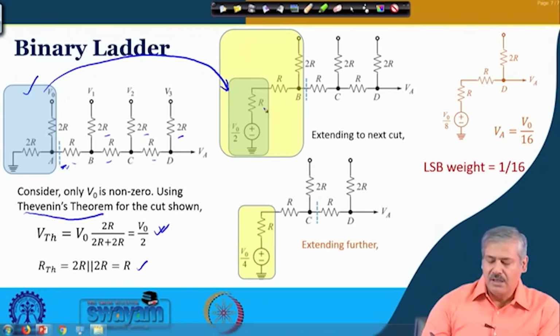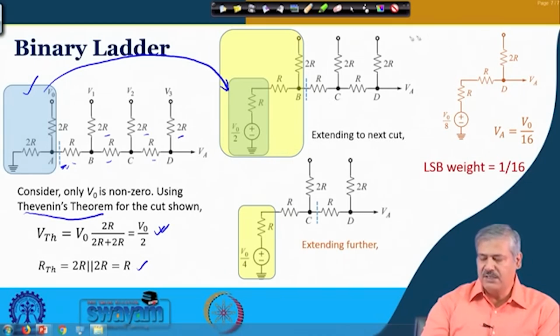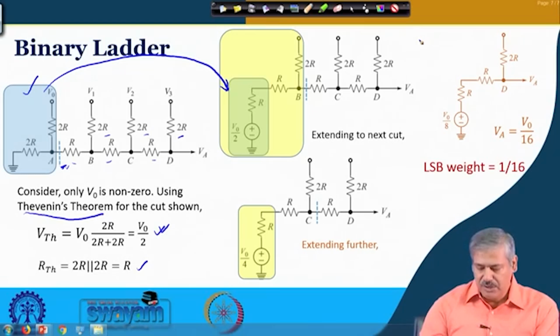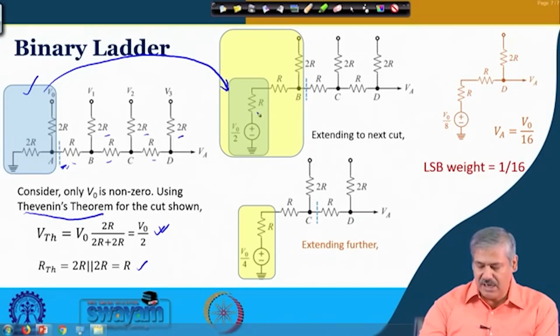Okay. Now, you look at this larger block, this particular block. So, you consider that all other voltages are not present, they are just there. Later on we shall include them. So, this is V naught by 2 and this is R and R. If we consider a cut over here, right, then this 2R and this 2R in parallel.